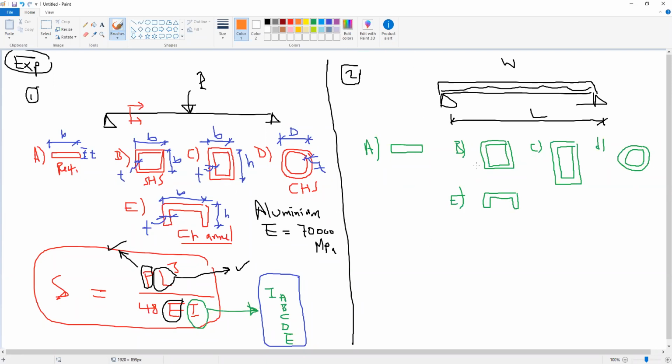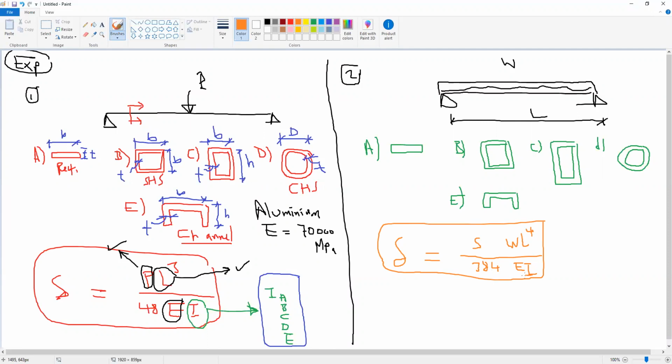If we apply the deflection equation here, delta is 5 W L to the power 4 divided by 384 EI. This is the deflection formula.